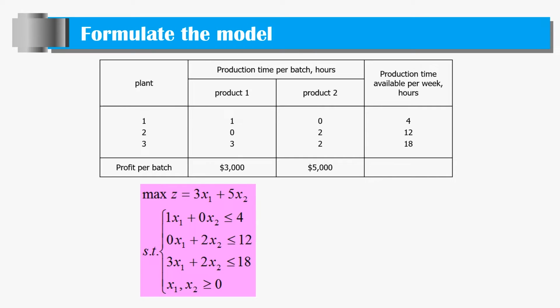So we summarize the model of this problem, that is, maximize Z equals 3x1 plus 5x2, subject to constraints, that is, x1 less than or equal to 4, 2x2 less than or equal to 12, 3x1 plus 2x2 less than or equal to 18. And the last is the non-negativity constraint.